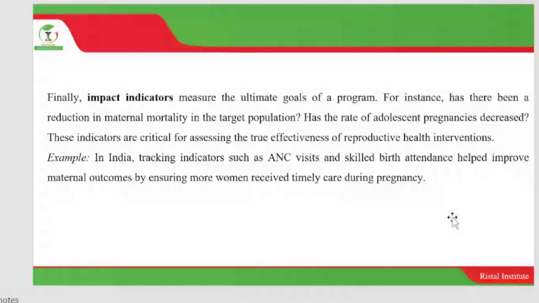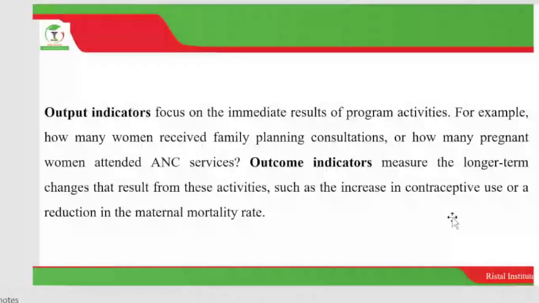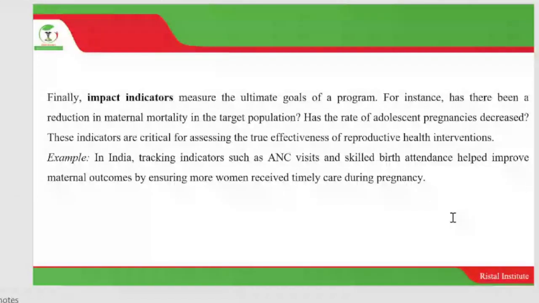So, in other words, where you have your output, where, for example, you're saying that there is an increase in contraceptive use, or there is a reduction in maternal mortality, then, when you're tracking your impact indicator, you're now looking at the general population, where there is a reduction in the maternal mortality in the population, or has the rate of adolescent pregnancies decreased?